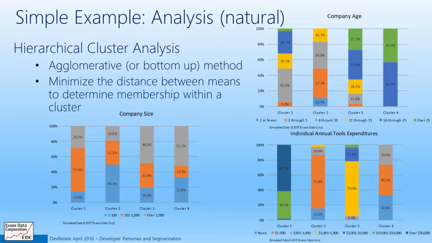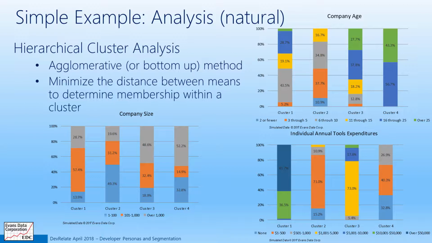For example, as we can see in cluster 1, if you look at the company size chart on the left, most members of that particular cluster are in companies of 100 to 1,000 employees, whereas those people in clusters 3 and 4 are in larger companies with over 1,000 employees.